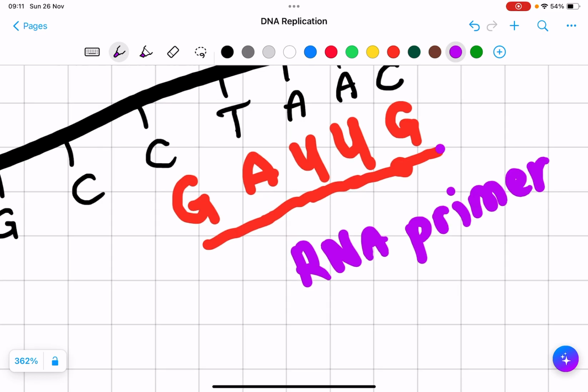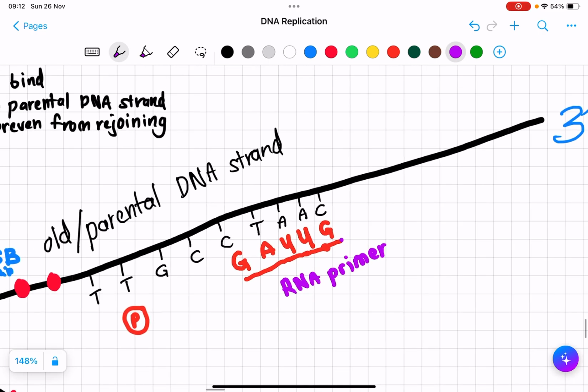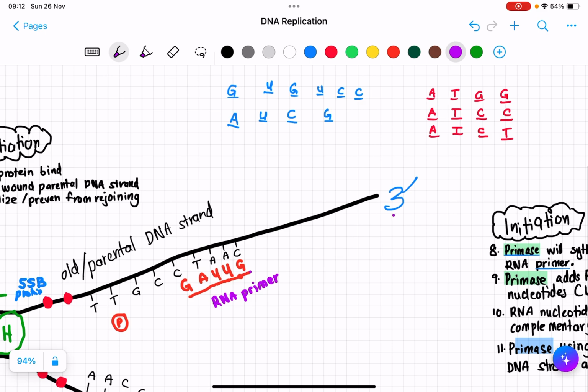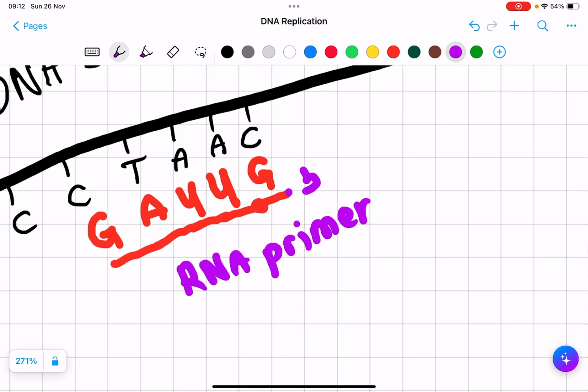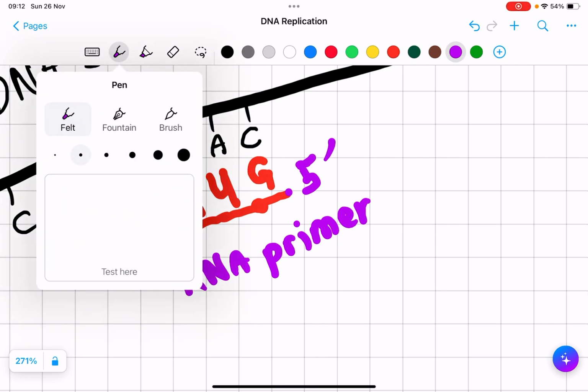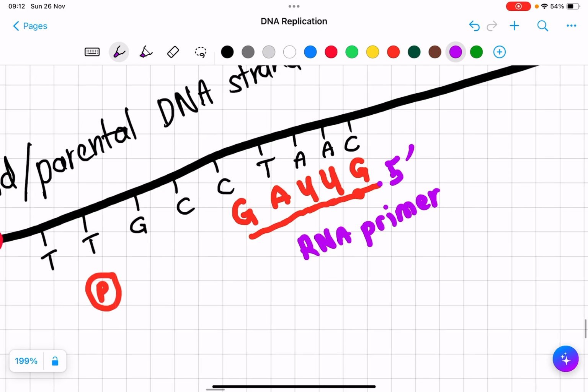Jadi, apa N dekat hujung ni? Senang je. Awak tengok strand yang original tu. Kalau kat sini 3, remember the rule. Kalau strand yang bertentangan tu 3, strand kat sini mesti nombor yang opposite. Mesti 5. Dia tak boleh nombor yang sama. Jadi, yang hujung ni akan 3N lah.